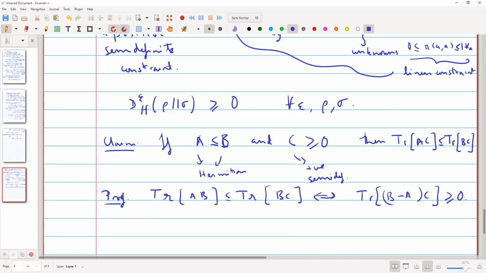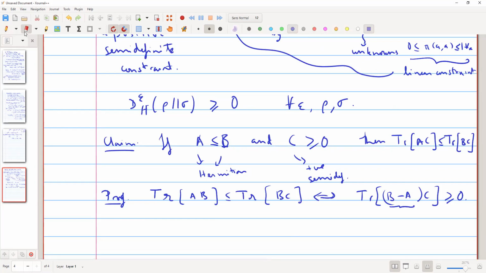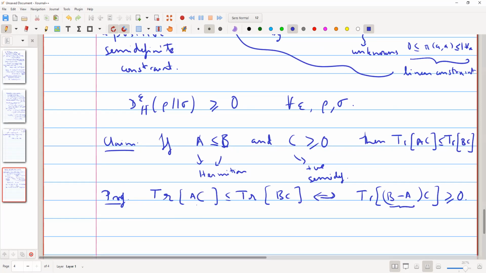Now A and B are Hermitian, and A less than or equal to B means that B minus A is positive semi-definite. Product trace AC less than or equal to trace BC, not trace AB less than or equal to trace BC. The first statement, yeah, you're right. Yeah, that's what I want to prove.